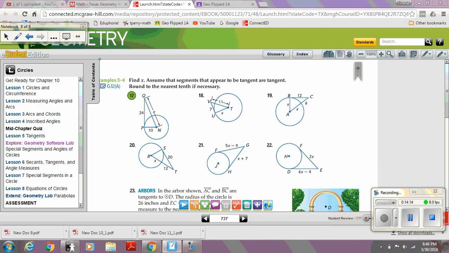On number 20, same idea. Prove Pythagorean's theorem. A squared plus b squared equals c squared. So the right angle would be here right at S. So C this time is x plus 12, because you have to combine both of these parts.